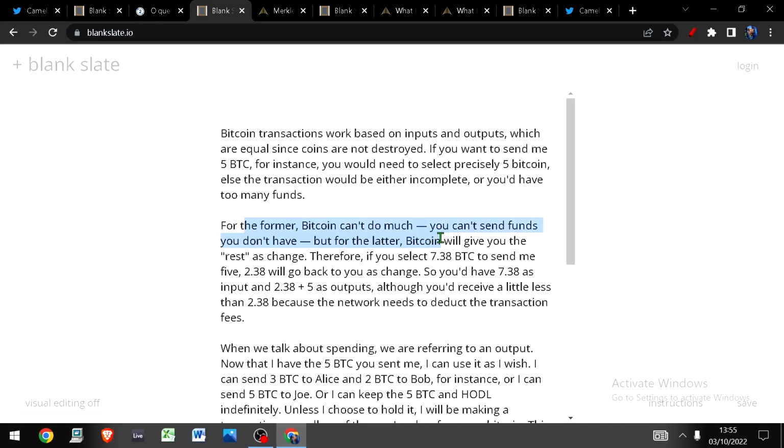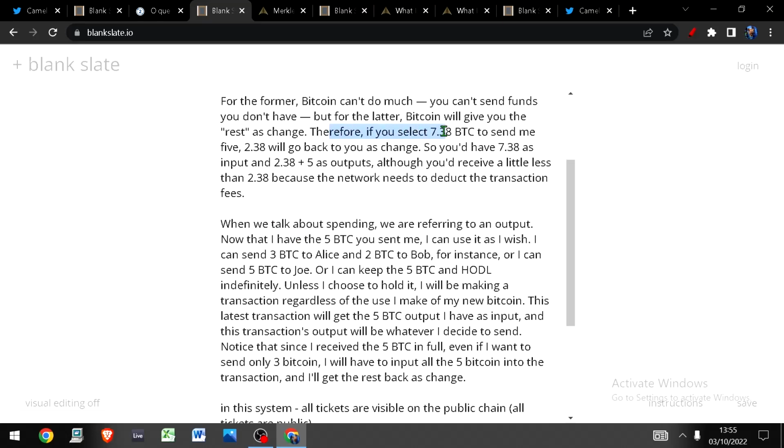But for the latter, Bitcoin will give you the rest as change. Therefore, if you select 7.38 Bitcoin to send me 5, 2.38 will go back to you as change. So this is what I was saying, you would get a little bit of change on one of these tickets in your wallet, the UTXO. So if you had 7.38 Bitcoin as an input and 2.38 plus 5 as your outputs, although you'd receive a little less in the real world because obviously some of it will go to transaction fees.